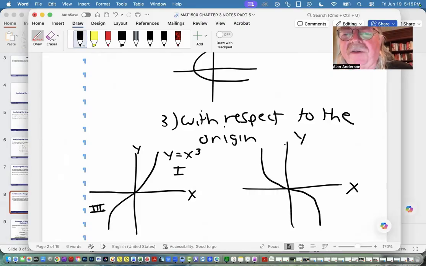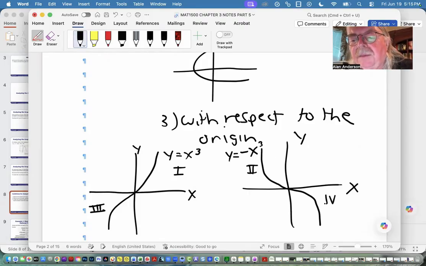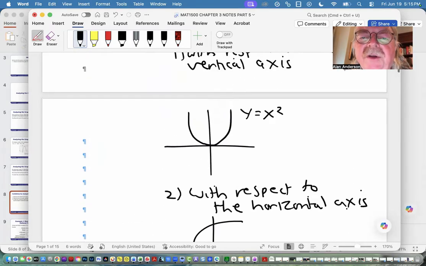All right, well, it's not perfect, but it's a little bit better. This is y equals negative x cubed. And here the symmetry is between the second and the fourth quadrants, but they're both examples of symmetry with respect to the origin. Okay, so there's three different kinds of symmetry we may encounter.